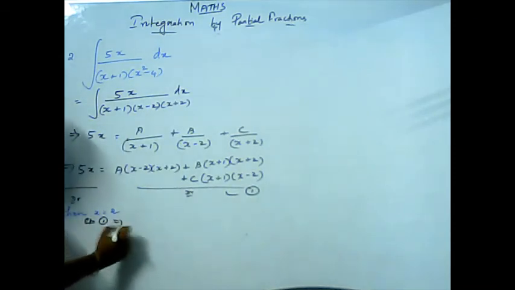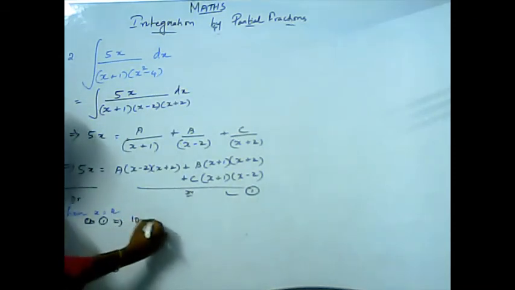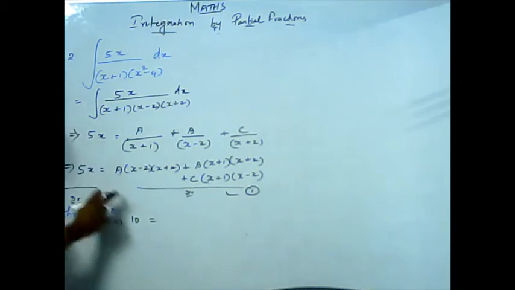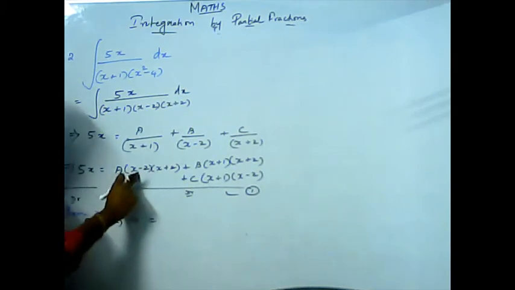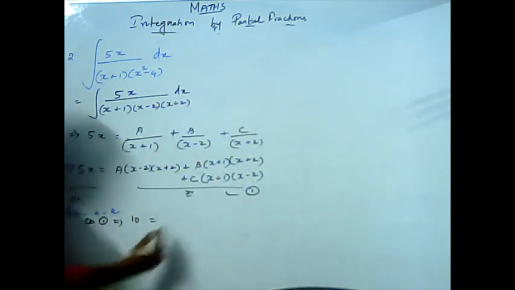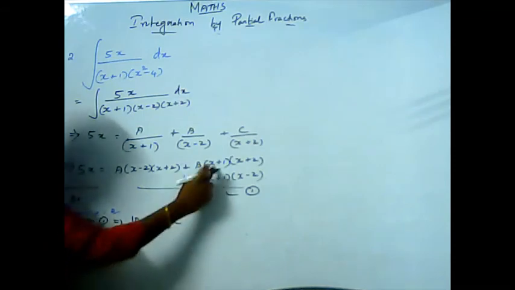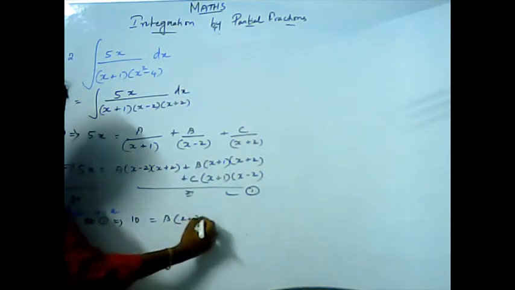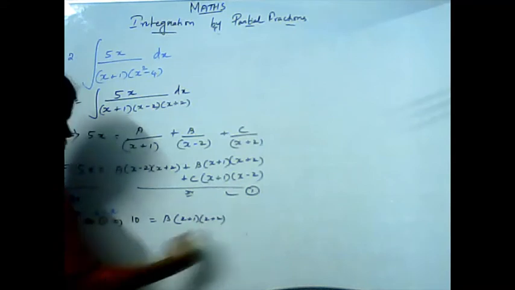equation 1 implies 10 is equal to 5 into 2. When I substitute x as 2, this becomes 0, and here this also becomes 0, but I will be left with B alone. B into (2 plus 1) into (2 plus 2).